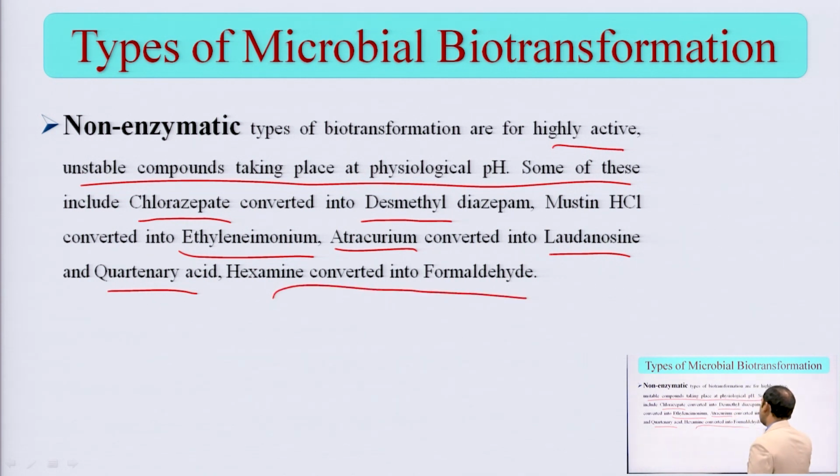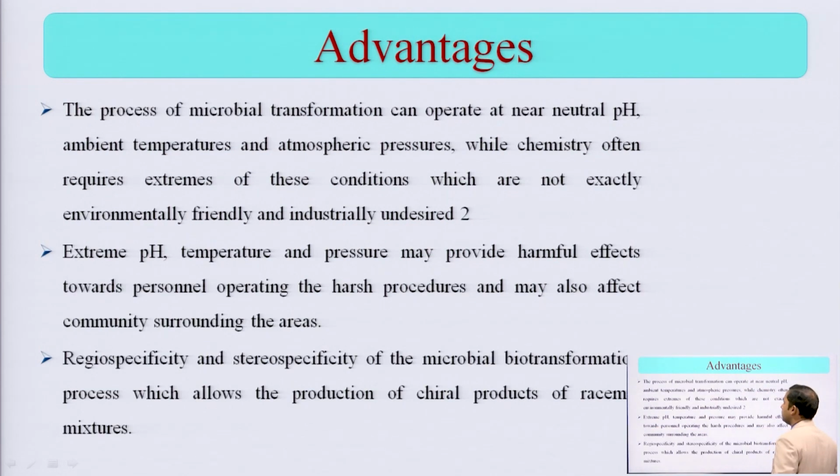Hexamethylenetetramine, also hexamine, is converted into formaldehyde. These are a few examples of non-enzymatic biotransformation. Here it is happening due to the physiological pH. Okay. You should remember these things.